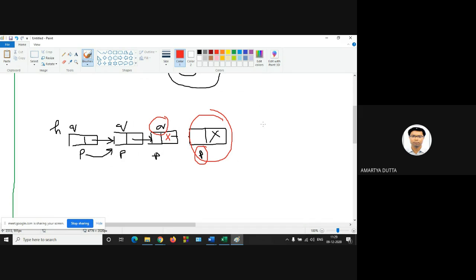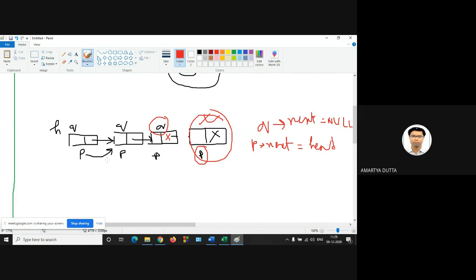So q arrow next is equal to null. That is the first condition. Then p arrow next is equal to head, since this particular one is your head.